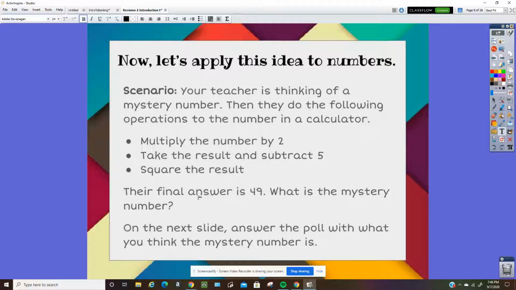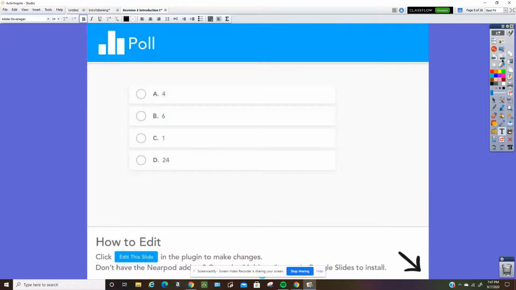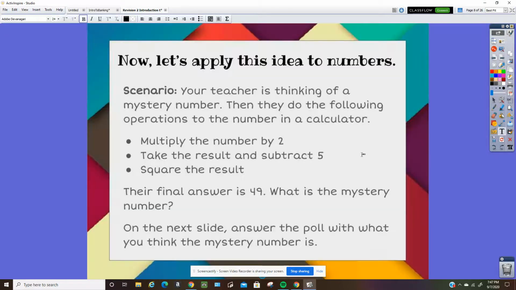So the final answer is 49. What's the mystery number? So on the next slide, you're going to answer the poll with what you think the mystery number is. So let's look at the next slide. We'll just write on this slide here.